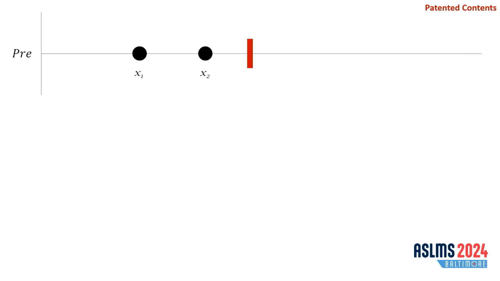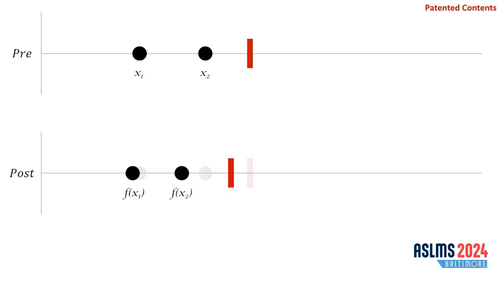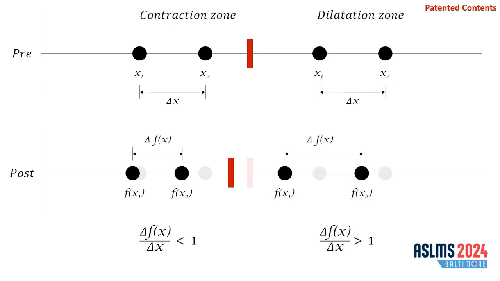So if we define two arbitrary points as x1 and x2 in pre-contraction, and f(x1) and f(x2) in post-contraction, then the ratio of their distance pre and post-contraction would be less than 1, because that is basically the definition of contraction, if they were within the radius.